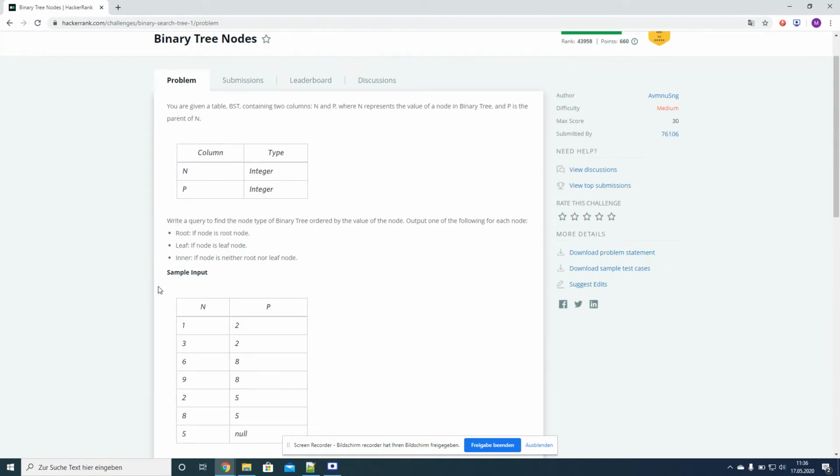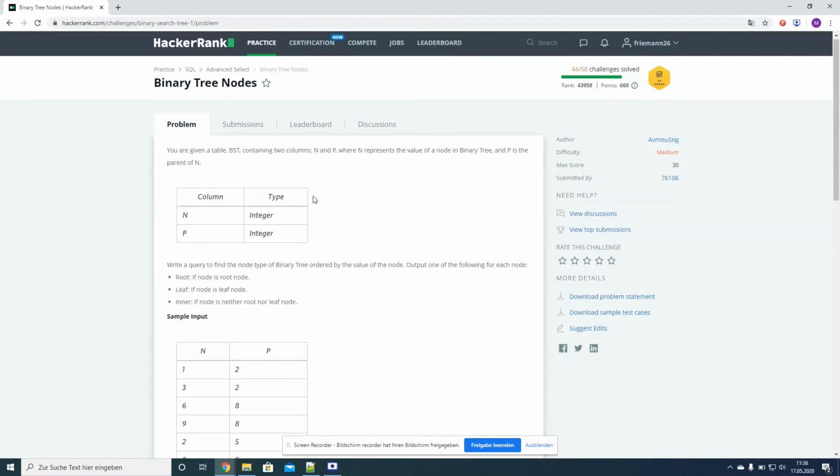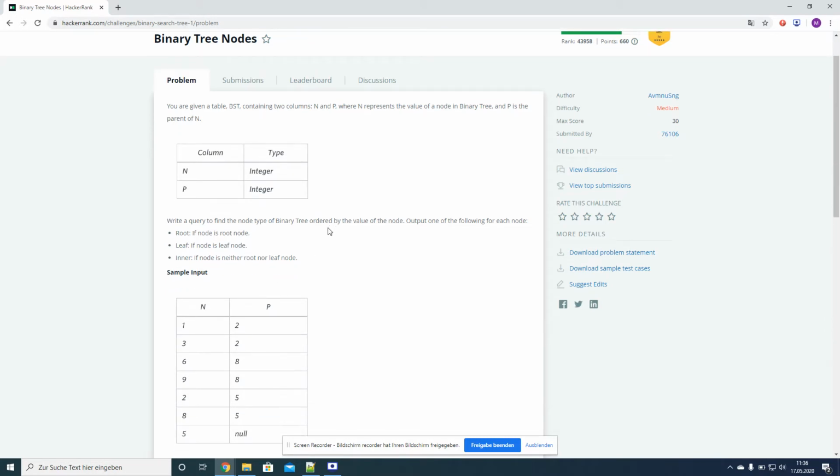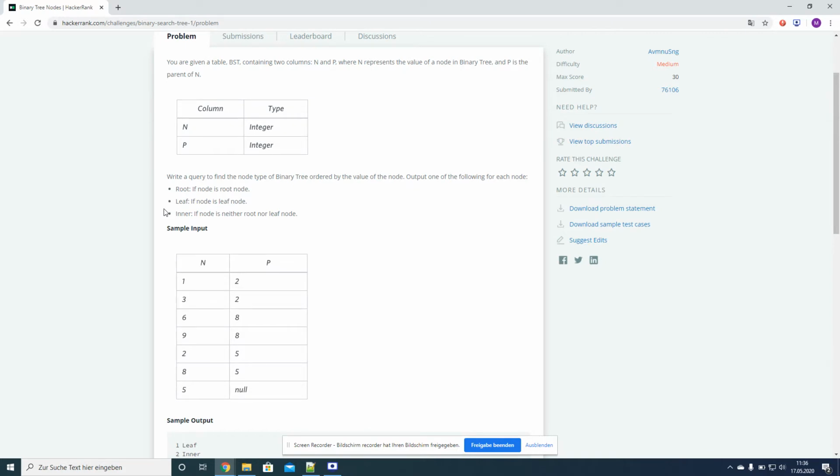How is a leaf characterized? Leaf is, if node is a leaf node. Okay. There are 3 types of nodes. What characterizes a root?